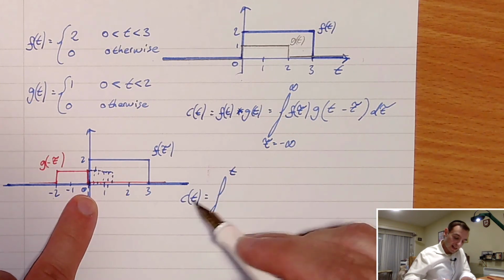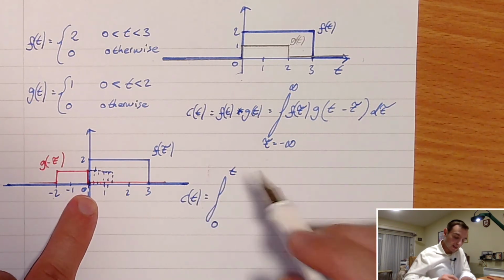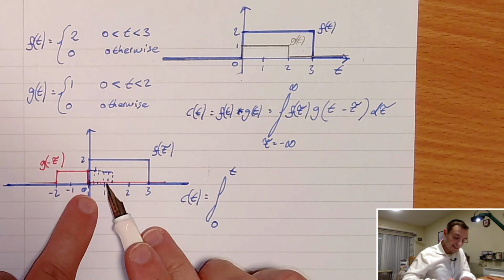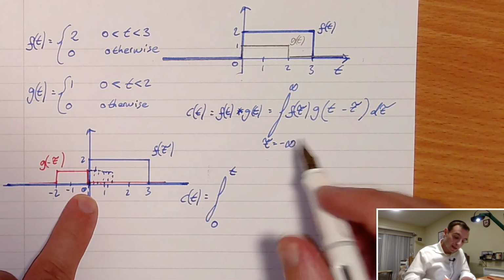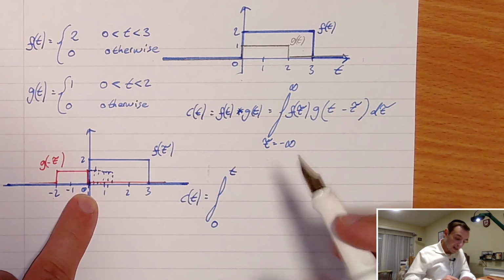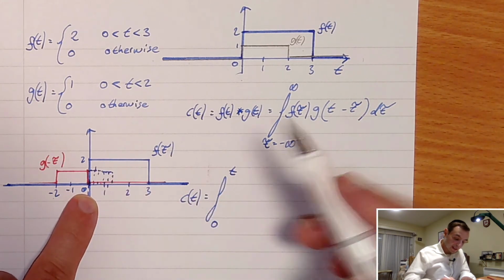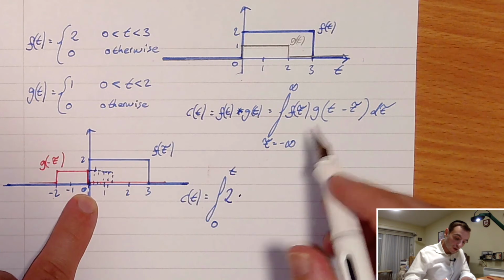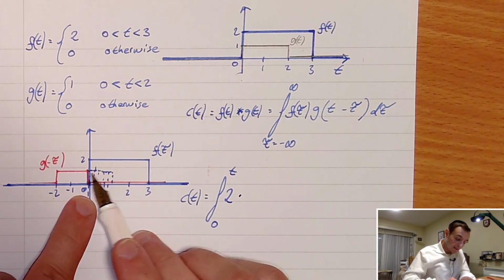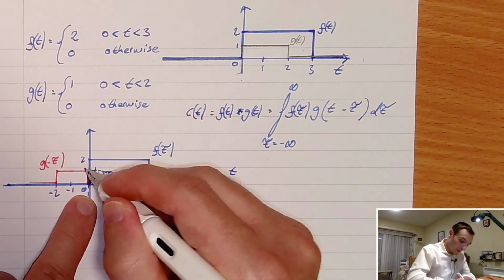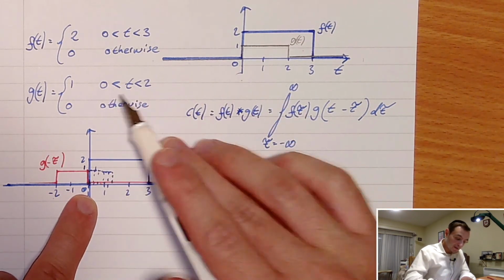So we can say here that the convolution function is going to be evaluated between t and 0 as t increases and increases, and it's going to be f of tau. F of tau is going to be 2. We can see that it's going to be 2 dot g of t minus tau, which is going to be 1, because g of t is 1 between 0 and 2.